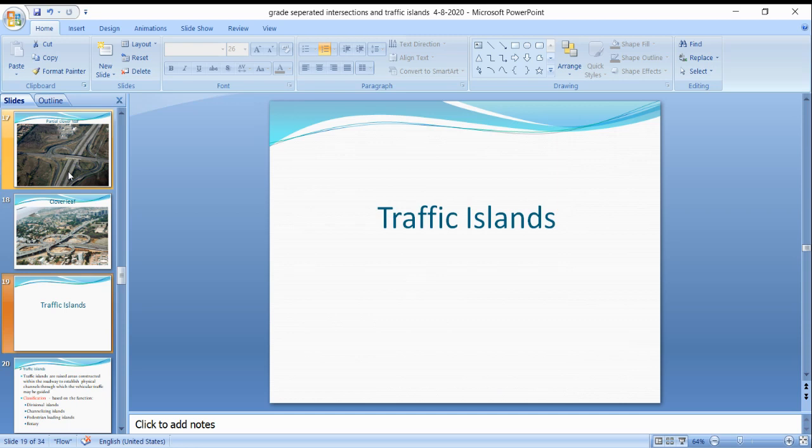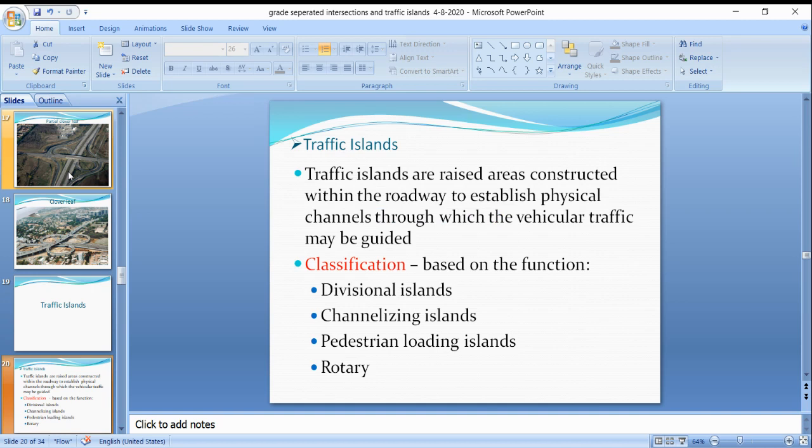So this is about grade separator intersections. We have seen the rotary interchange, flyover, diamond intersection, and clover leaf junction. Next comes traffic islands. What do we mean by traffic islands? Traffic islands are raised areas constructed within the roadway to establish physical channels through which vehicular traffic may be guided.